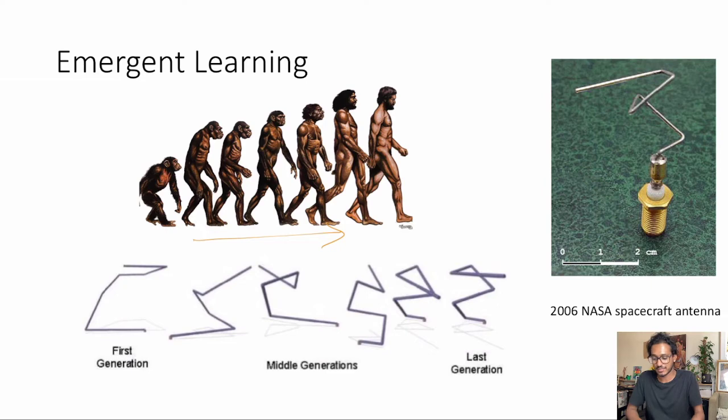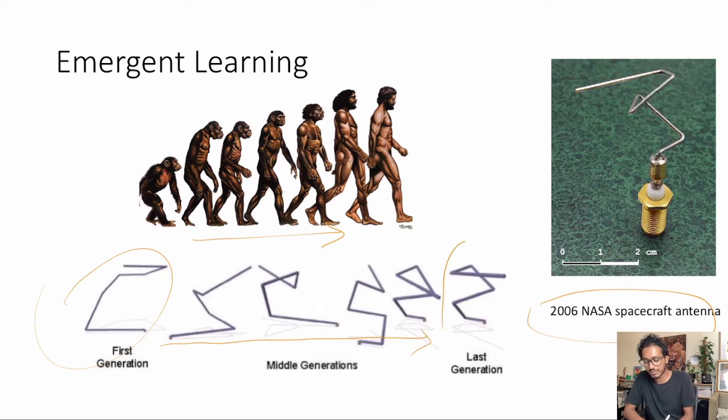It turns out, yes. We have this spacecraft antenna developed by NASA using a similar approach. As you can see, the first generation is a simpler shape, and through evolutionary learning, or emergent learning, it came up with this really weird shape, which is not intuitive at all.